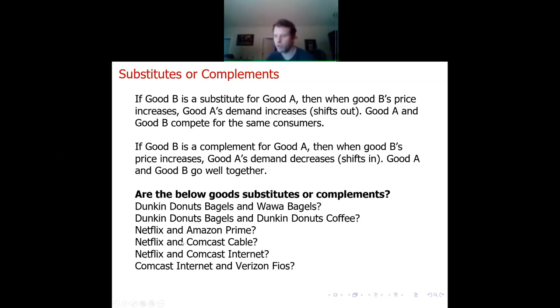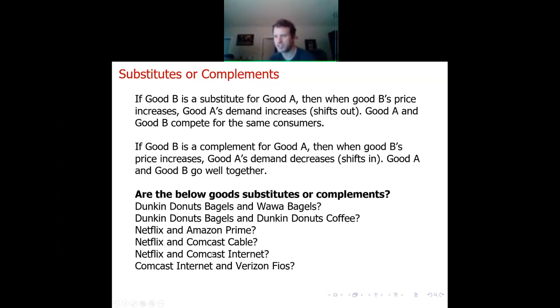Netflix and Comcast cable should also be substitutes. There's the idea of the cord cutter. The cheaper that Netflix gets, the fewer subscribers to Comcast cable there are. Netflix and Comcast internet, on the other hand, you need internet in order to run Netflix. So I would think that those two things are complements.